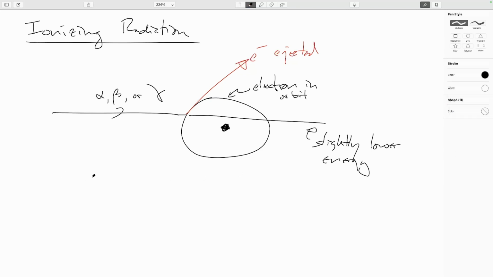So alpha particles do the biggest damage, but the shorter the distance they penetrate.